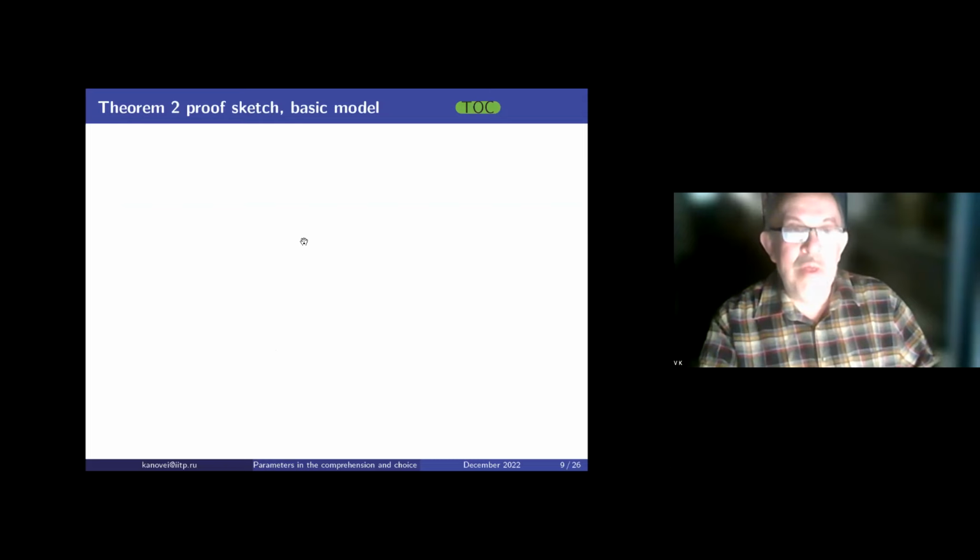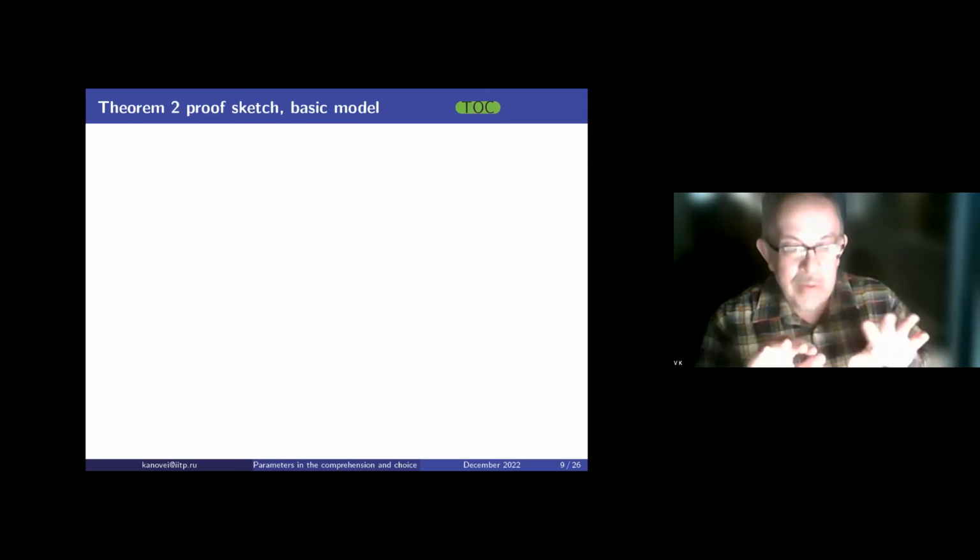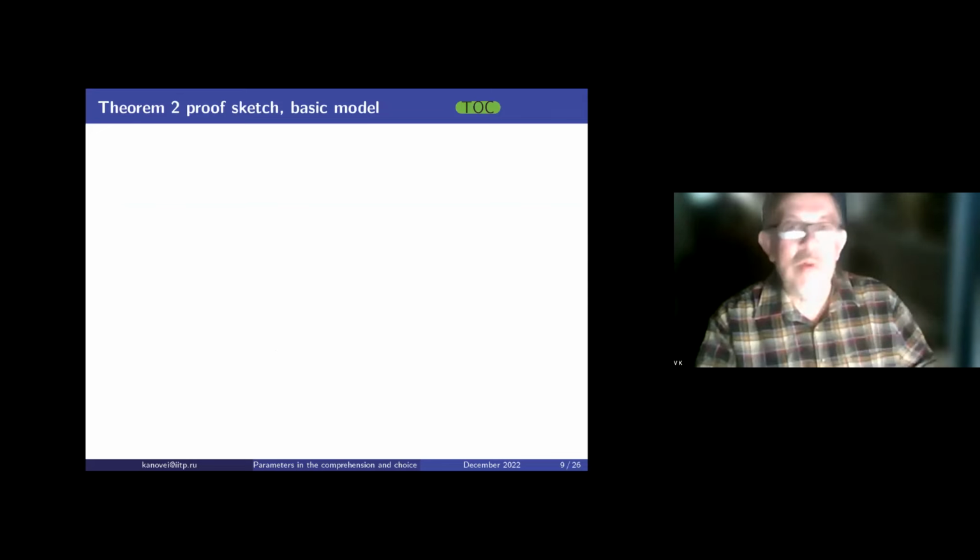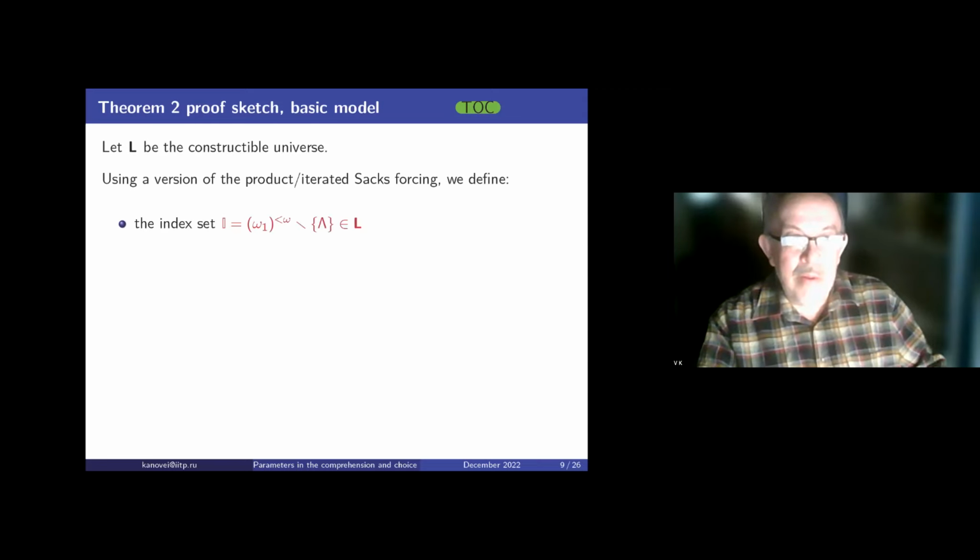Well, first it involves what I call the basic model, and then a certain submodel of the basic model. So we begin with the constructive universe. Then the technical instrument is a combination of product and iterated Sacks forcing.